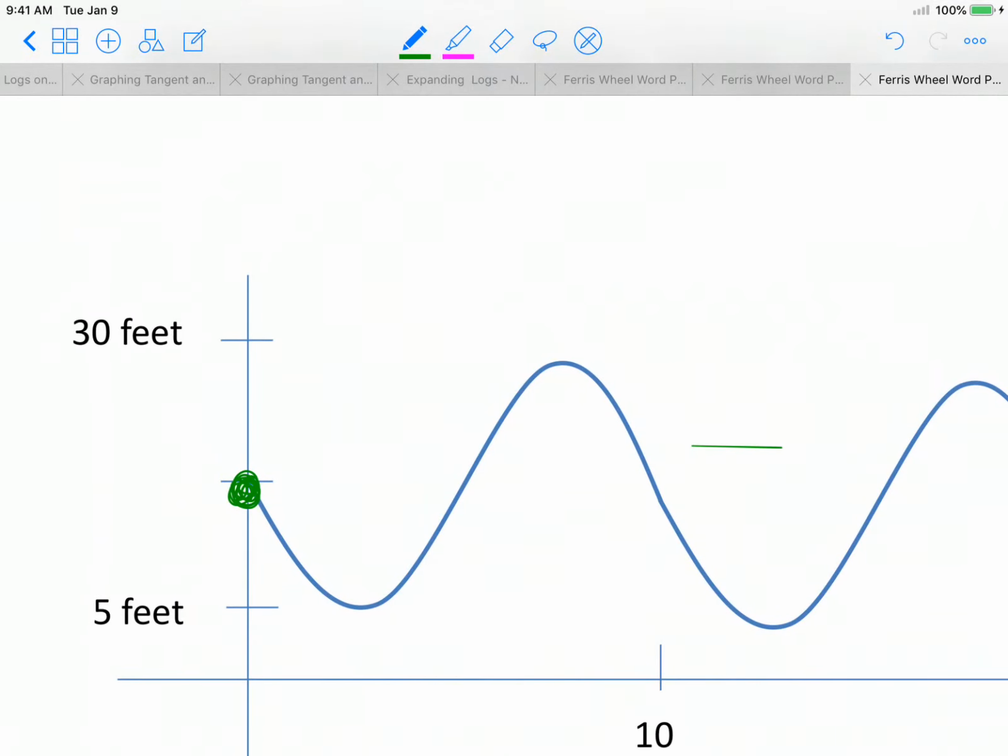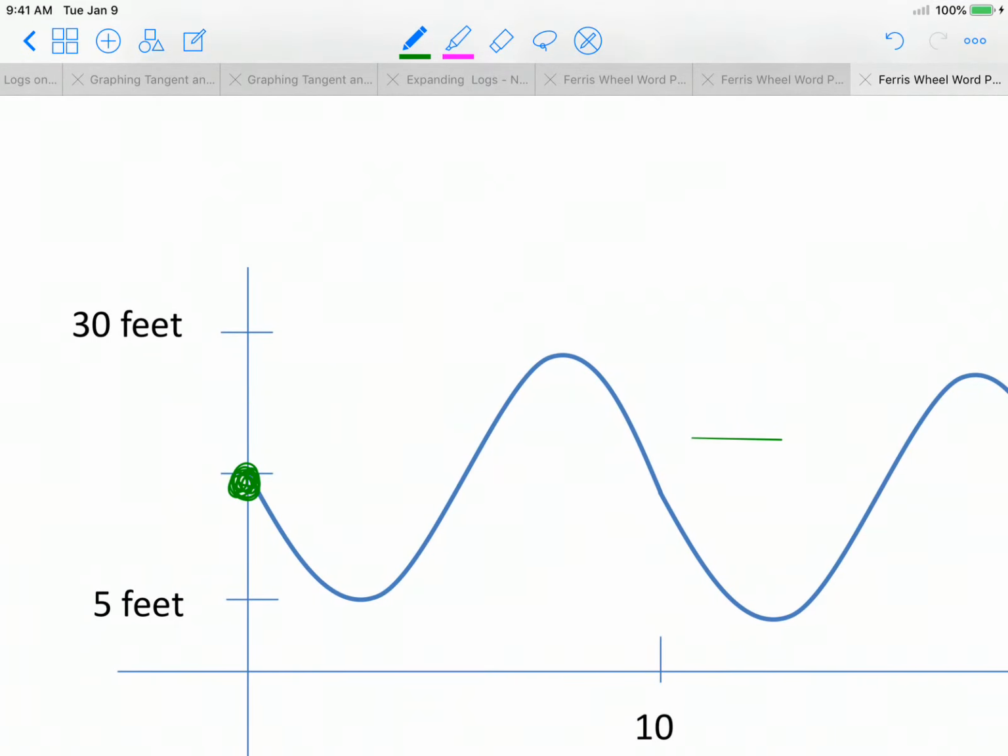So if you're at, this is probably a platform, wouldn't you assume that? So if your bottom is 5 feet, that means you're going to be 5 feet in the air, and the top is at 30. So if you're looking at your diameter, so what would it be? 30 to 5 feet.